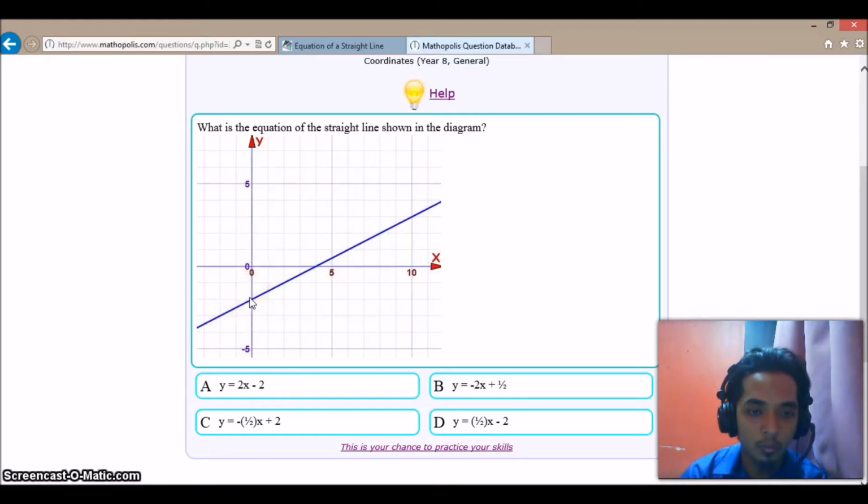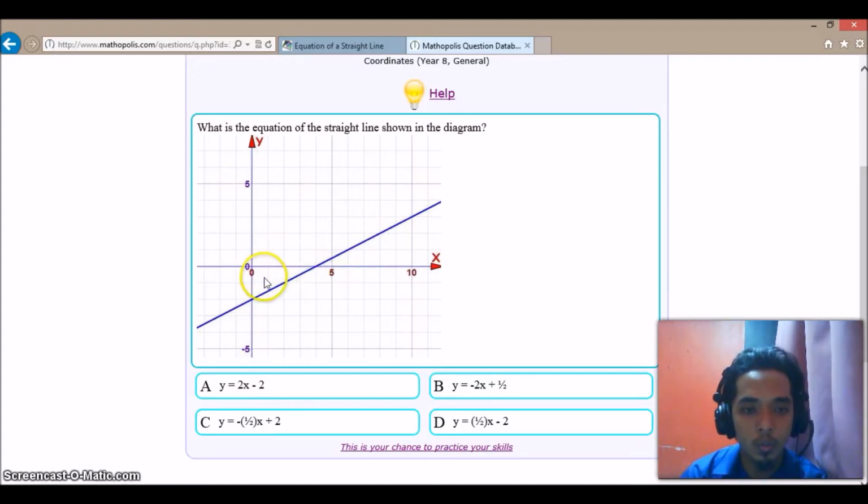And how to find the gradient? To find the gradient, you just use m equals change in y over change in x. Change in y we got 1, 2. So here we got 2 for change in y, and for change in x, 1, 2, 3, 4. You got here 4.